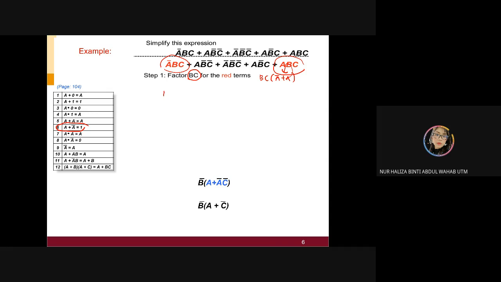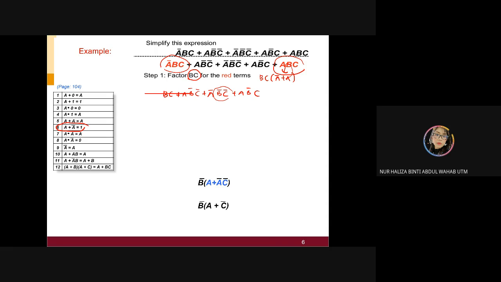Then that's why you will get BC plus A B bar C plus A bar B bar C plus A B bar C.